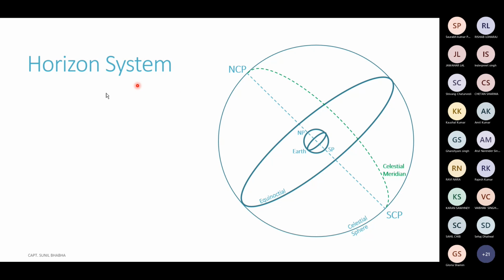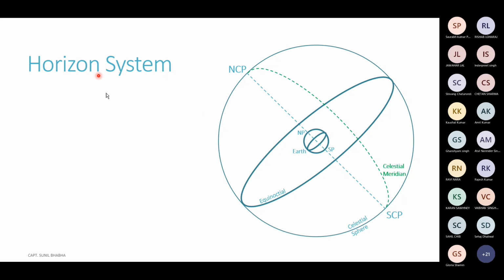Now this horizon system of reference is dependent upon the position of the observer, or the position of the ship, where the observer is. If the observer changes its position, the horizon system references or coordinates also change. It is entirely based on the position of the observer.